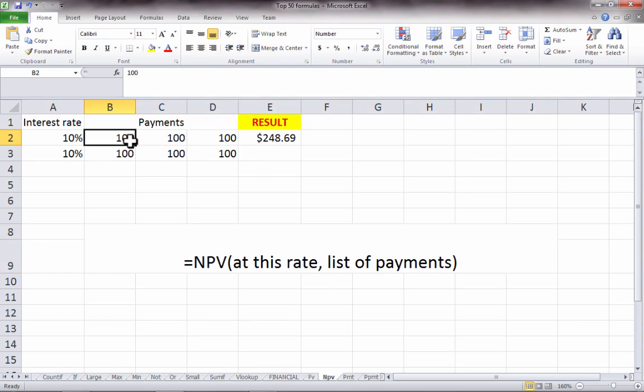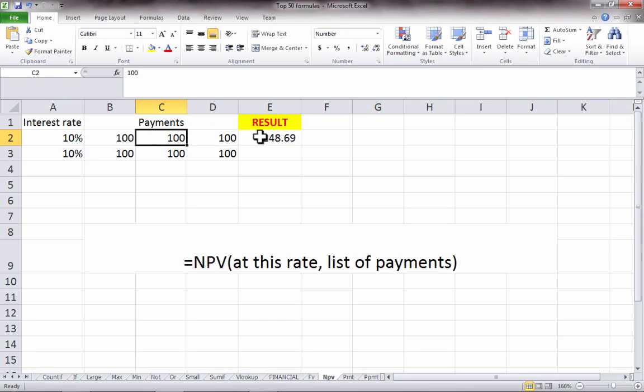So the list of payments would tell you that I'm making payments, let's say 100 in year 1, 100 in year 2, 100 in year 3, and then given the interest rate of 10%, what is the total value at this point in time, or more like today? Because of course, $100 in the future would be worth less as compared to $100 that we have in the present. This is because of the time value of money.